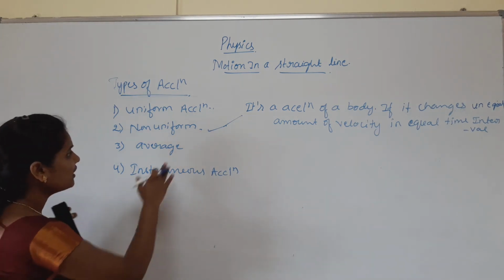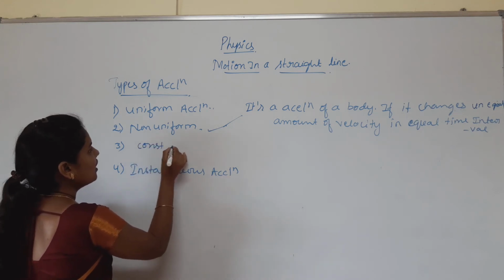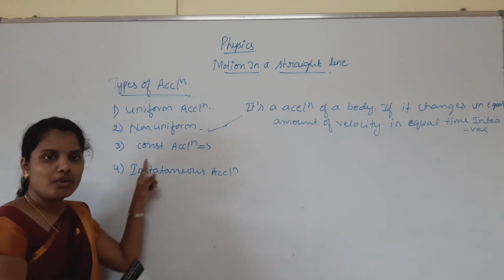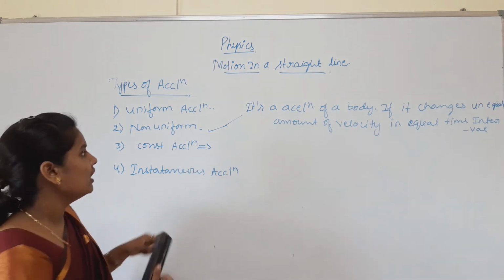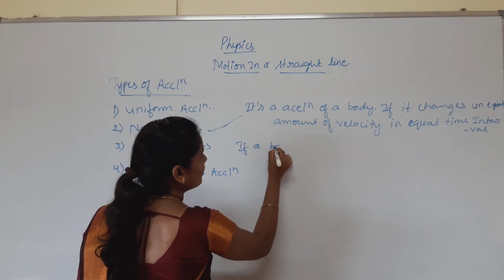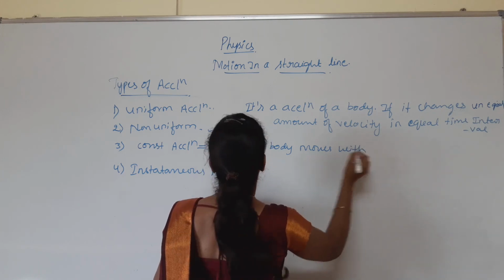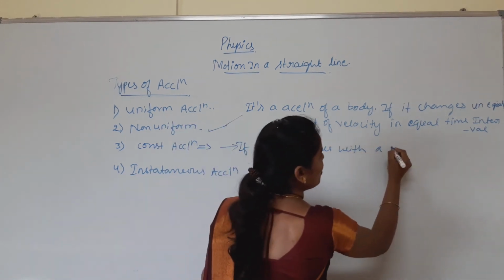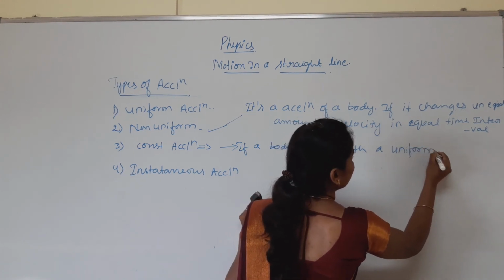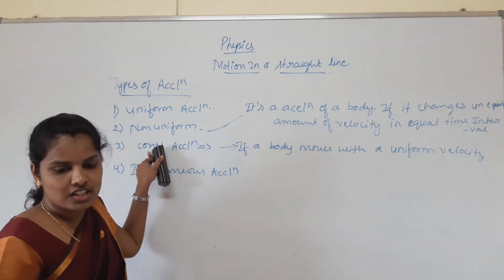Then constant acceleration is defined as: if a body moves with a constant or uniform velocity, it is known as constant acceleration.